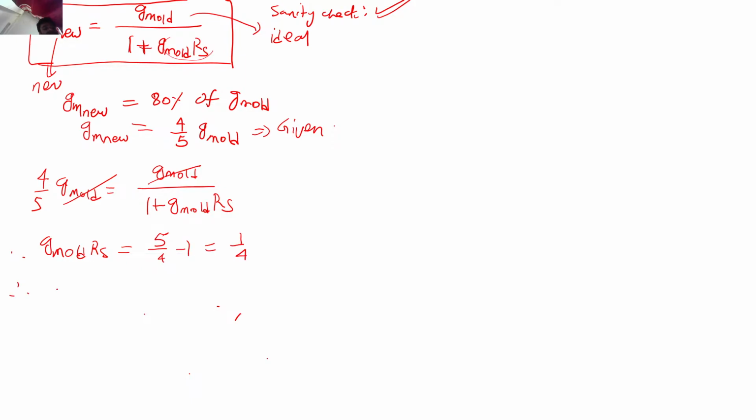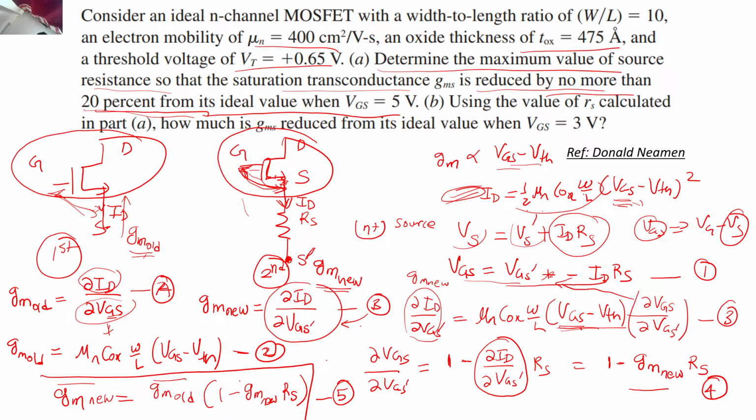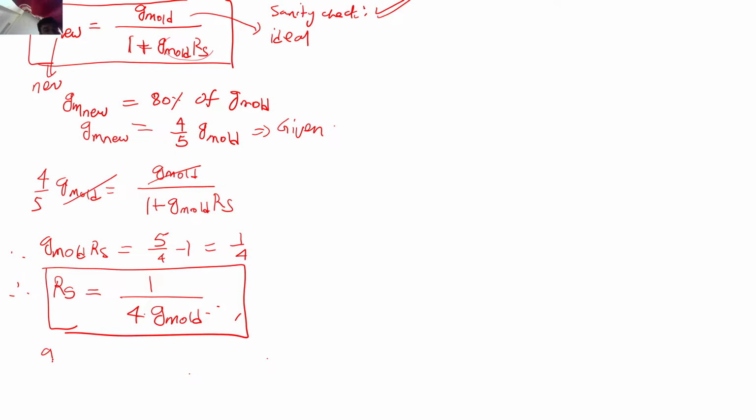So the source resistance they were asking for comes out to be 1 by 4 times gm old. My job is to find this gm old, and do I know the formula for gm old? Of course I know it. It's mu Cox W by L times (Vgs minus Vth).